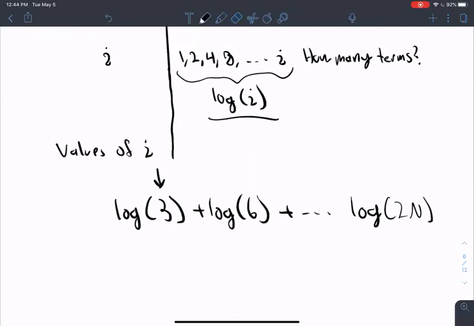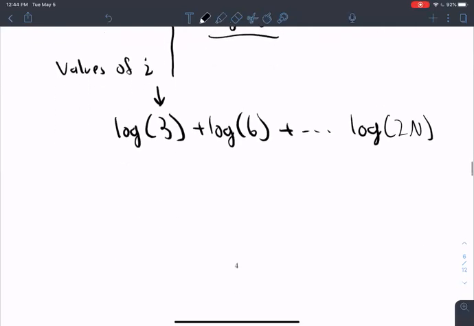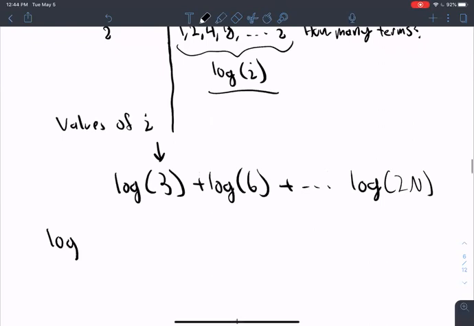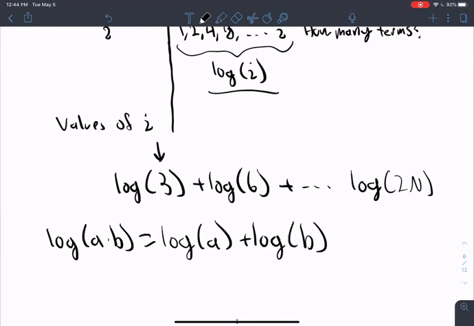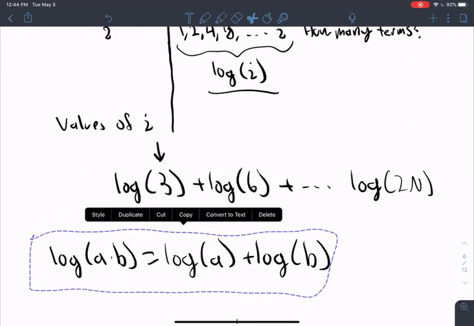Okay, we have our sum, and now we need to simplify it. So one thing I'm going to do here is use this property of logs, that the log of a times b is equal to the log of a plus the log of b.